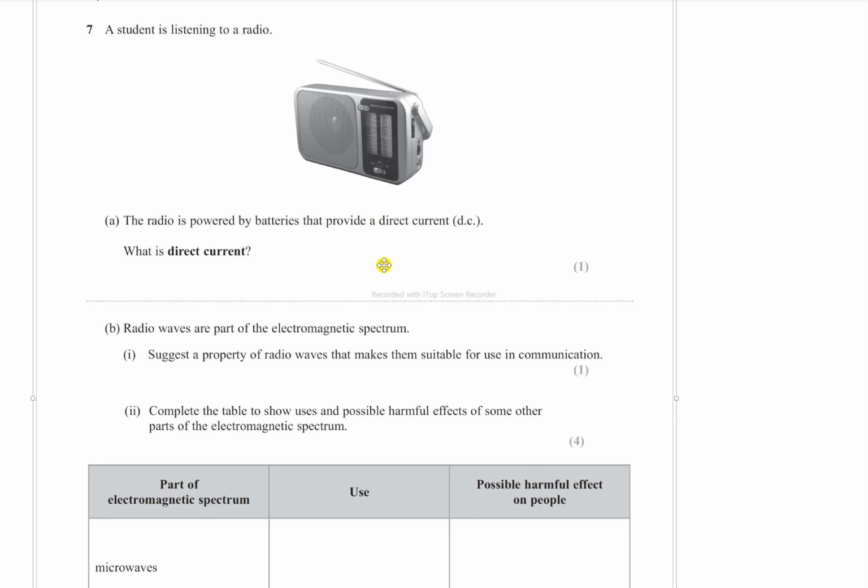Direct current moves in a single direction, one direction. It only goes in one direction. It doesn't go backwards and forwards. It gives a steady output.